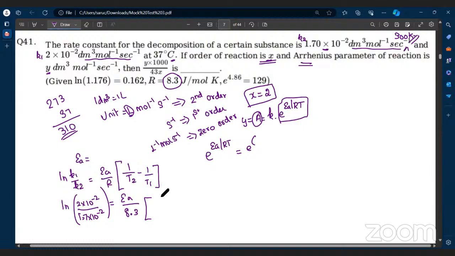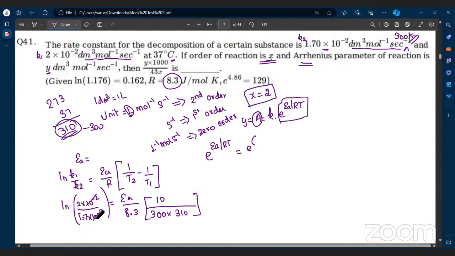So 1 by T2 minus 1 by T1, where T1 is 310 and T2 is 300. So it will be 10 by 300 into 310. Just evaluate, the 10 power minus 2 will get cancelled.